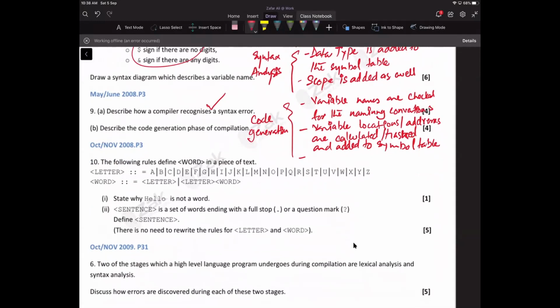I skipped this question because we completed it yesterday. Reserved words are checked, and if they are not present in the reserved word or keyword table, an error is generated. If the reserved word is identified, then syntax is checked.